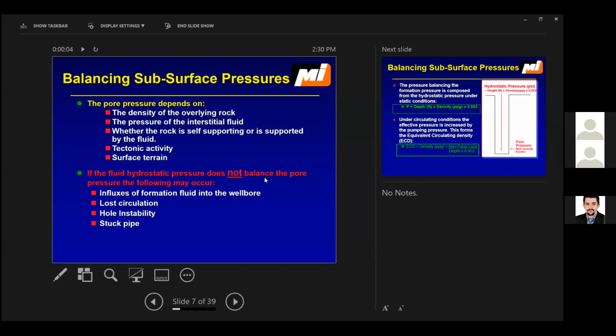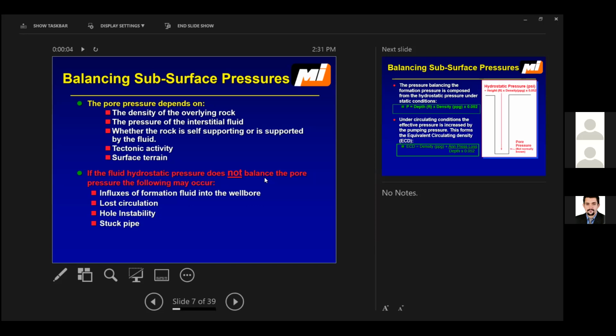These are all factors that determine the pore pressure of the rock you are drilling. And so you need pressure exactly equal to the pore pressure of the rock you are drilling, or maybe more by a small margin.